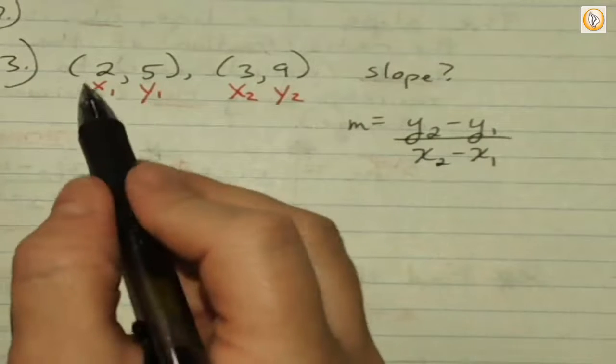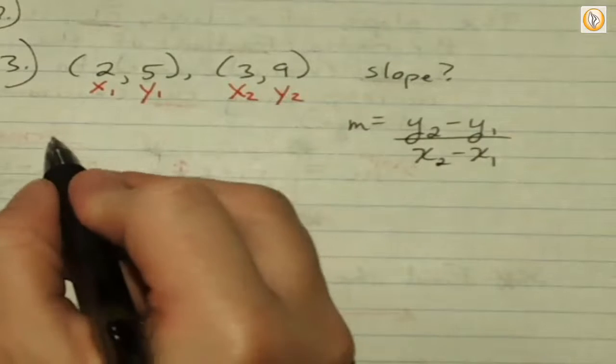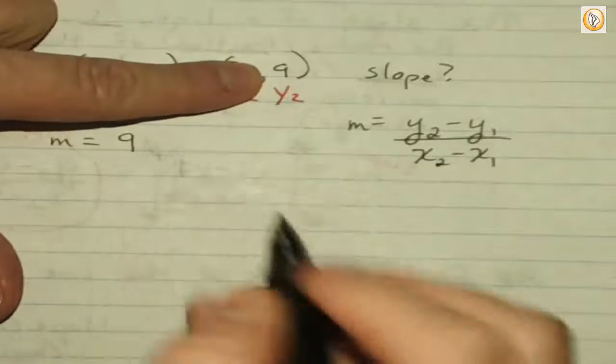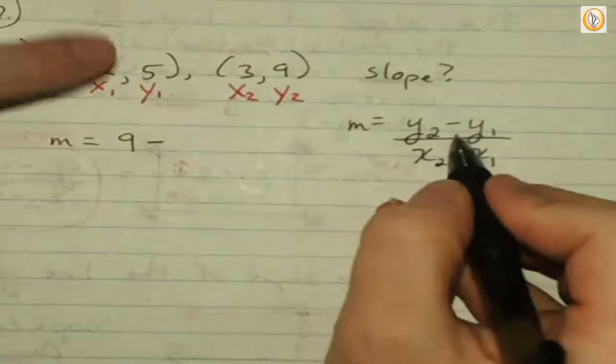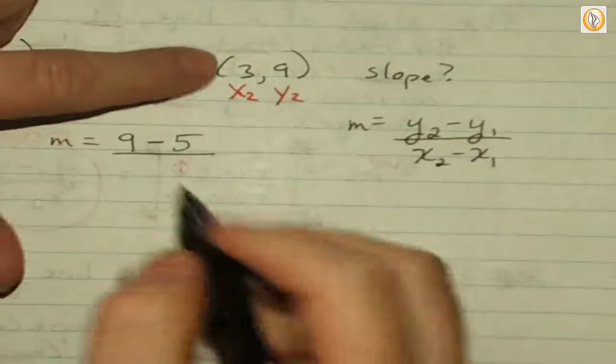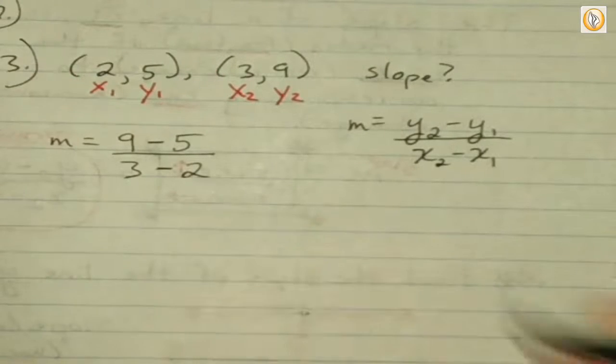Right underneath x1, y1, x2, y2, and then just throw it in there. y2 is 9 minus 5 over 3 minus 2.